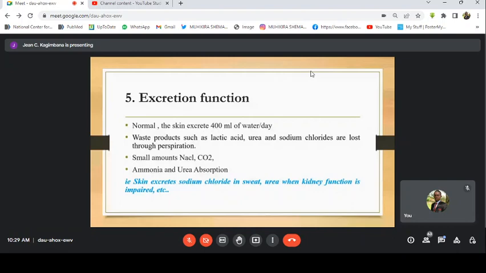That's why when someone presents with itching, renal function has to be checked just to exclude renal failure. Okay?